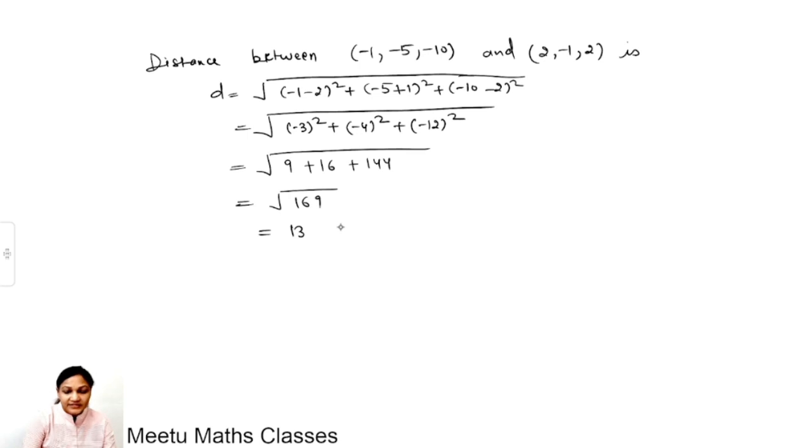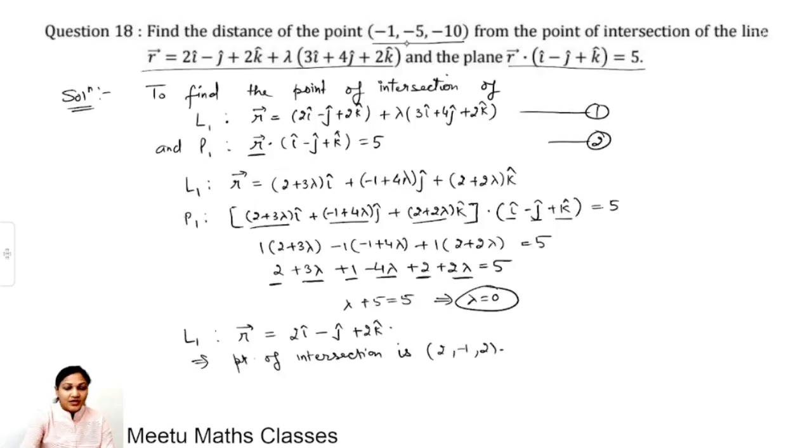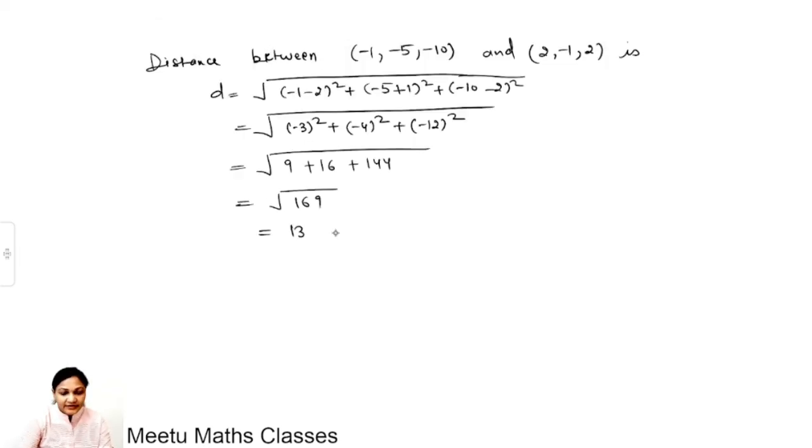So the distance between the given point and the point of intersection of this line and this plane is 13 units.